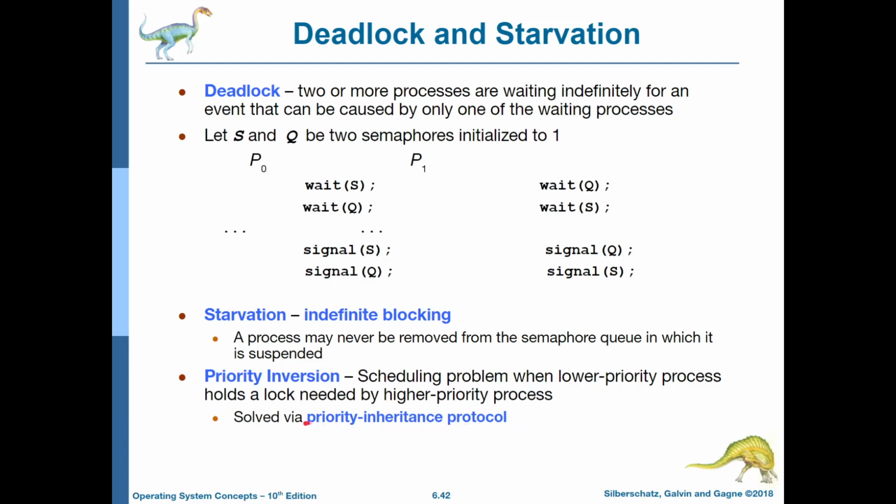So the lower priority process gets bumped up to the higher priority process's priority. And we call this priority inheritance. That way, suddenly we have this low priority process that has all the priority levels of the higher priority process and is able to run before medium level priorities. Thus, we don't have this priority inversion problem.